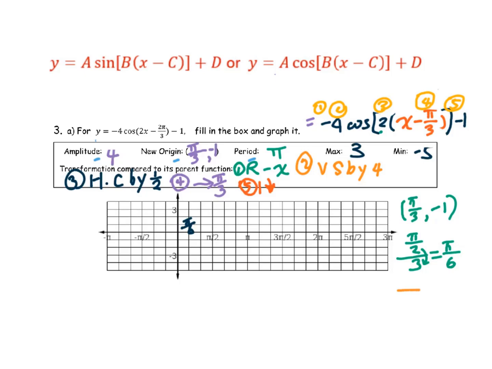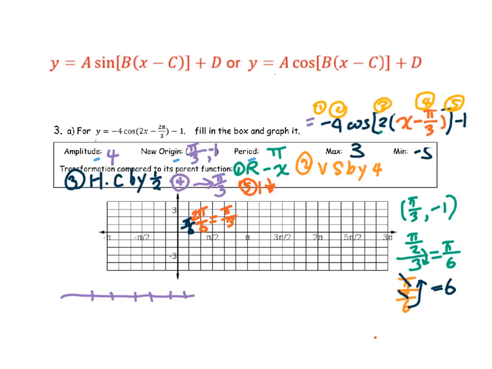We got to do pi, that's period, over pi over 6. The same numerator reduce, then 6 goes up, that's 6 units. So we need to find the new origin, that's pi over 3, -1. Pi over 3. 1 unit is pi over 6. 2 units here is 2 pi over 6. That is pi over 3.